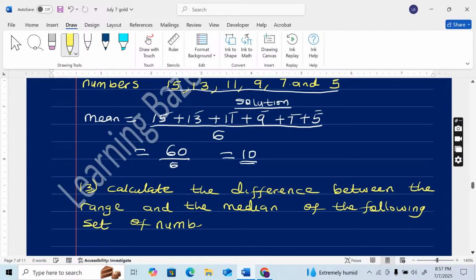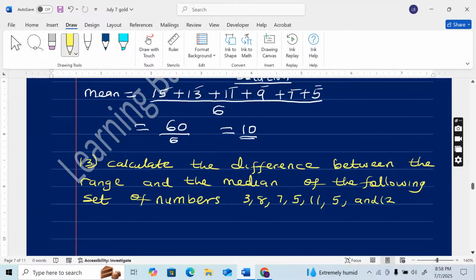I hope you know what the word difference means in mathematics. Now, these are the numbers: 3, 8, 7, 5, 11, 5, and 12. So we have to find the difference between the range and the median.